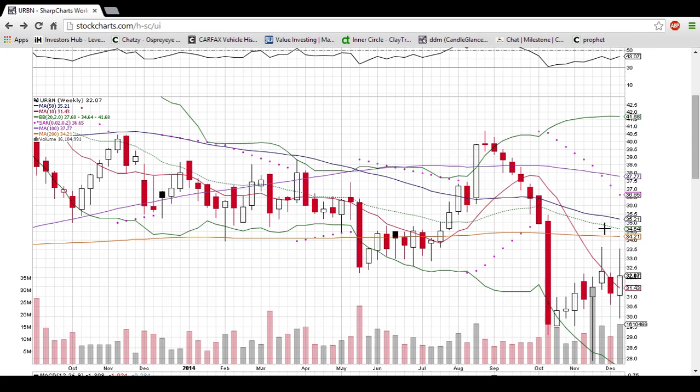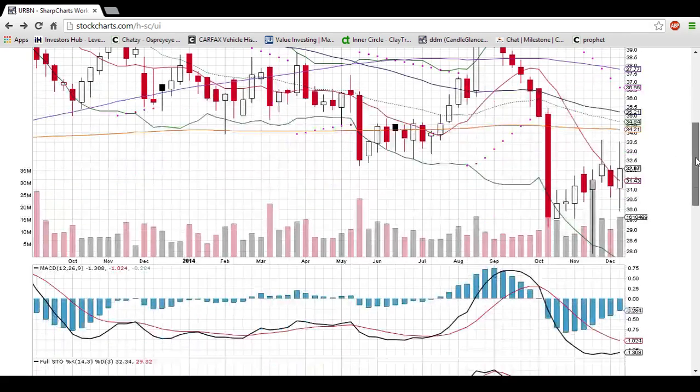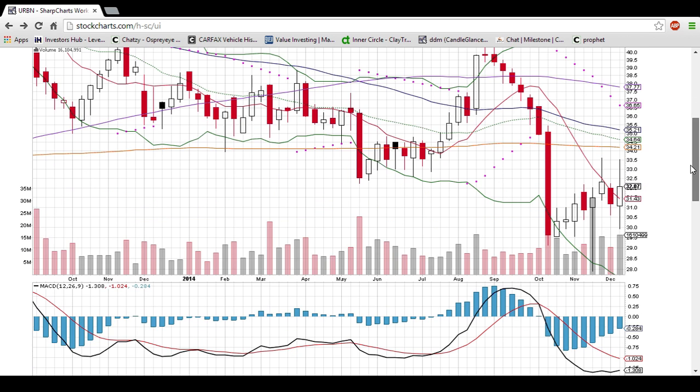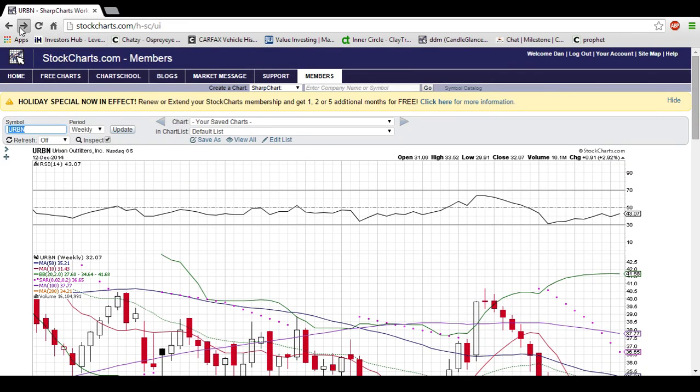So if it's able to close above these levels, sure, you miss out on $3 worth of movement, and I guess that is pretty significant, 10%, but it lowers your risk reward. There's going to be a lot less risk if you know that the price is strong enough to turn those resistances into supports. So yeah, definitely keep an eye on it and do what you think.